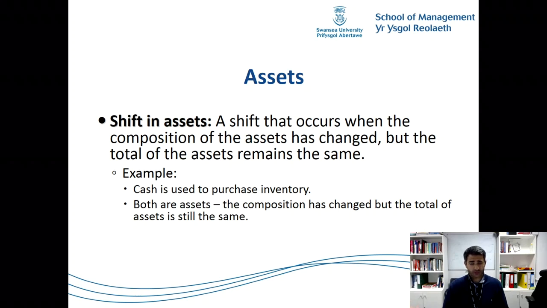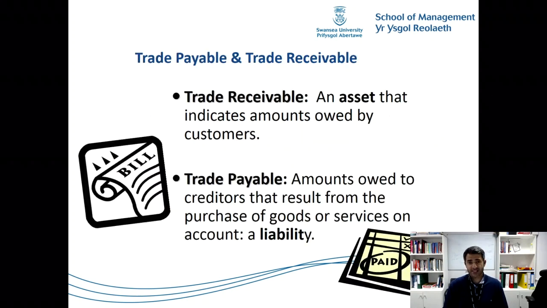True? In this case, what happened in total assets? The composition has changed, but the total assets is still the same, because £100 more and £100 less, but the total assets is the same. This is an example of shift in assets.